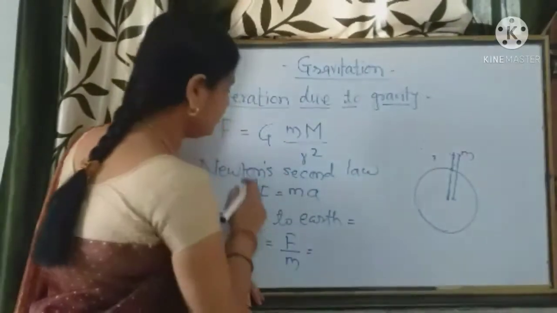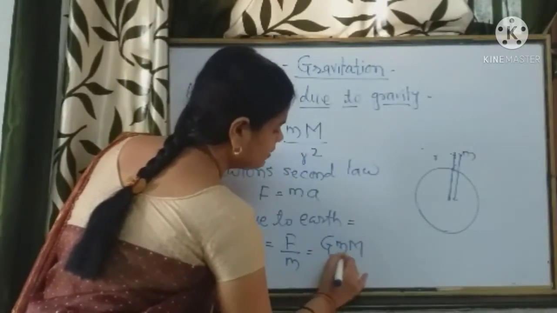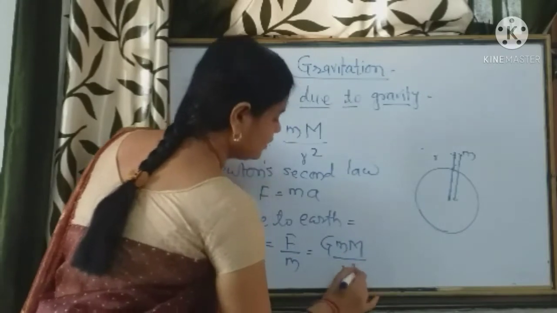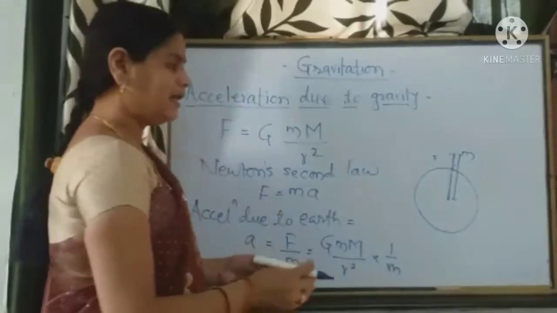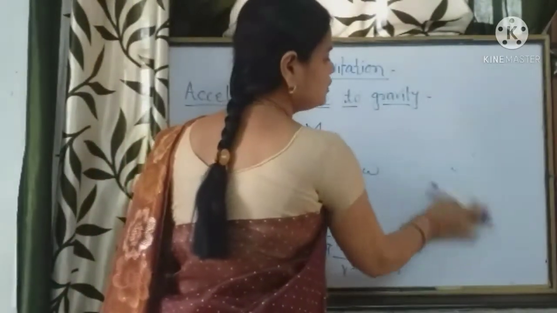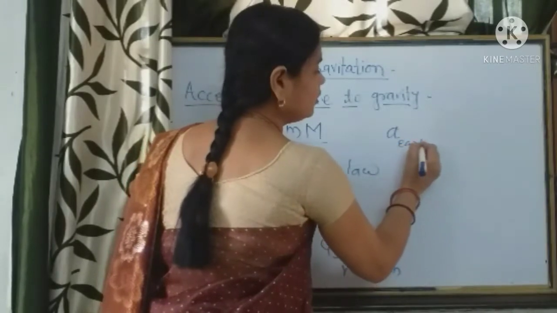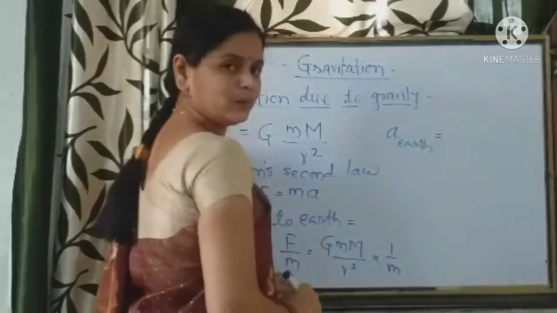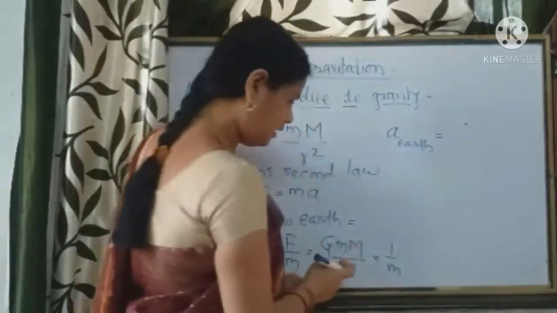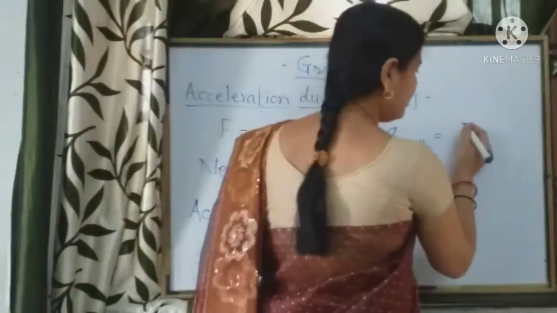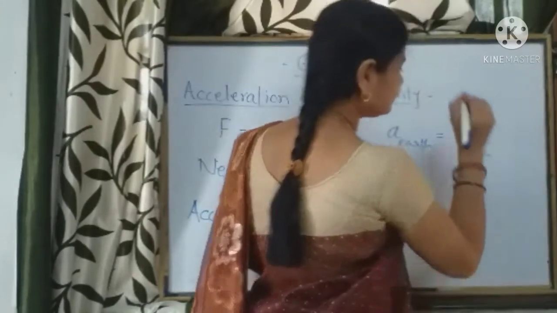So we can write here gravitational force as G M m divided by r square, and divided by m means 1 divided by m, which is equivalent to this acceleration due to earth, g. See here, m gets cancelled. We have g = G M upon r square.